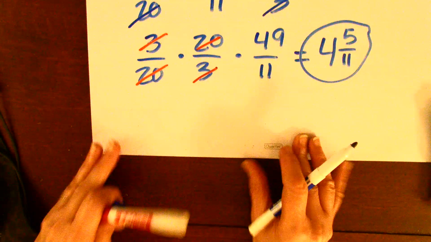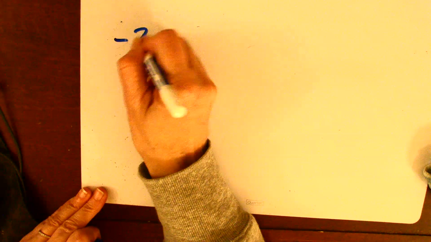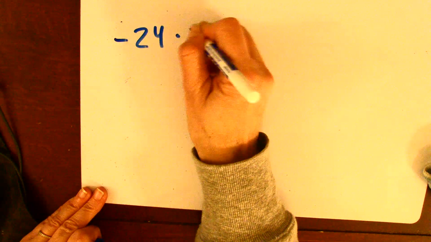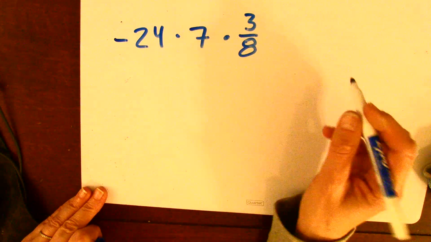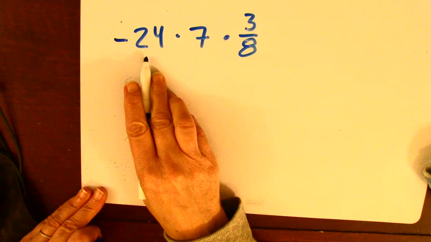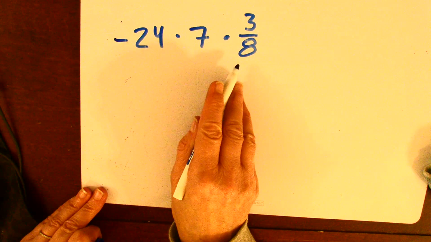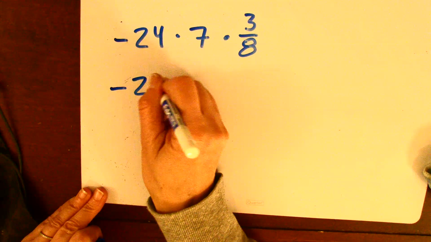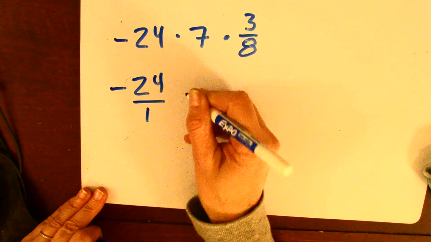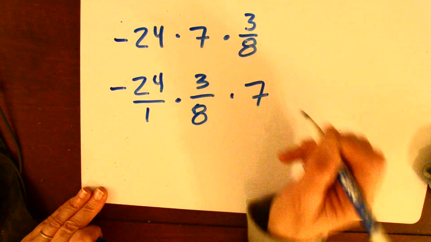Okay, let's look at another example. Here we have negative 24 times 7 times 3/8. Well, I know that 24 and 3/8, I can do some reducing here. So I'm going to change the order here. Instead, I'll write negative 24 over 1 times 3/8 times 7.